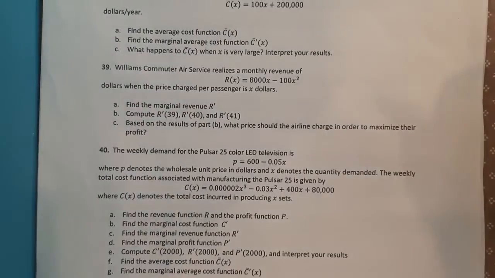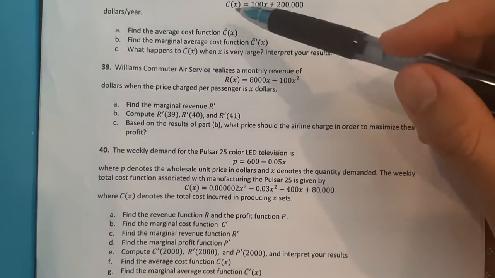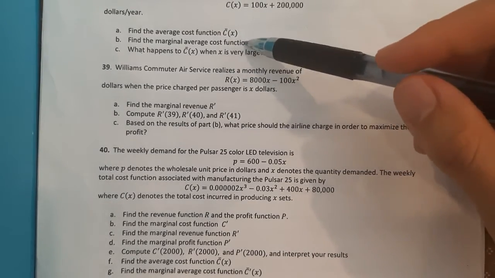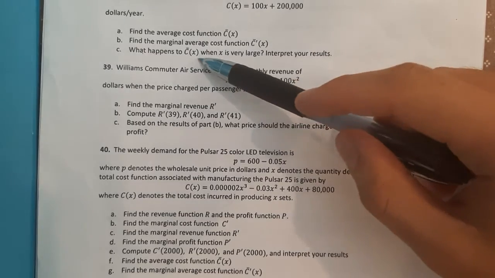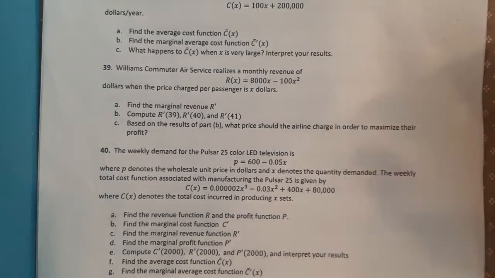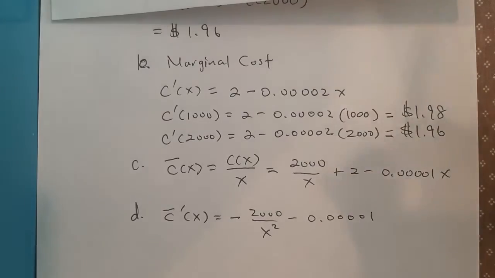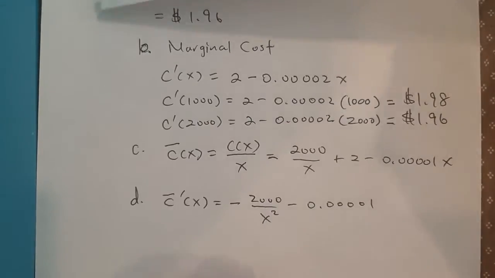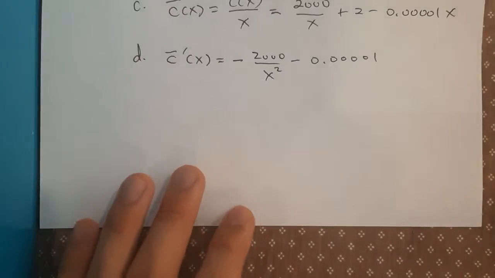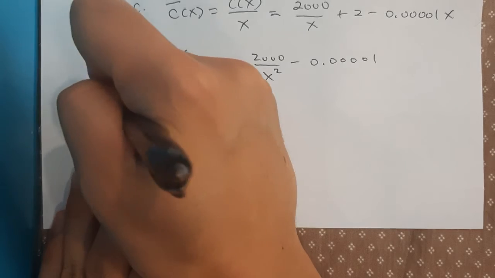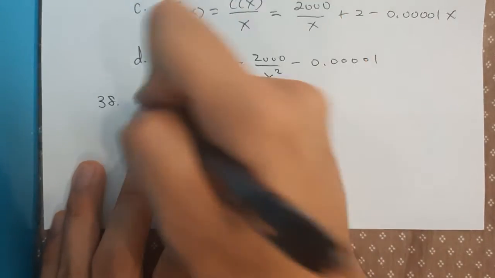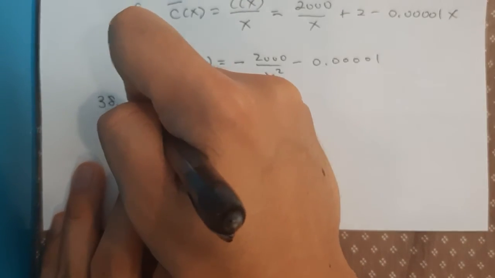So in question 38, it says to find the average cost function, find the marginal average cost function, and what happens to C bar when x is very large, and interpret your results. So first is to find the average cost function.